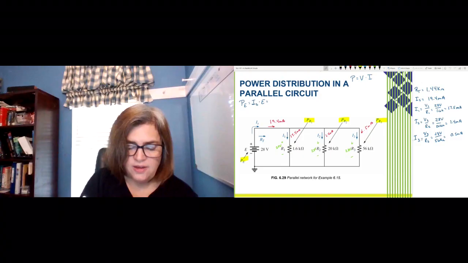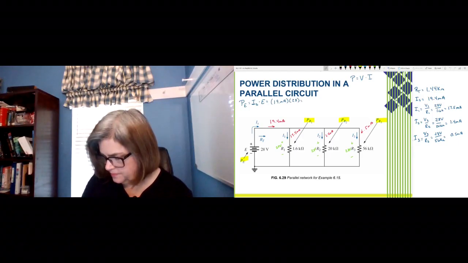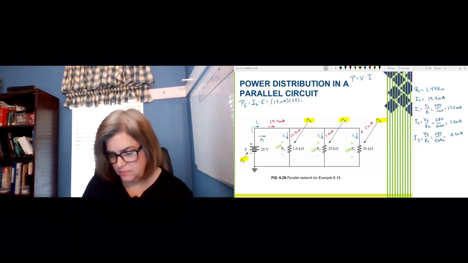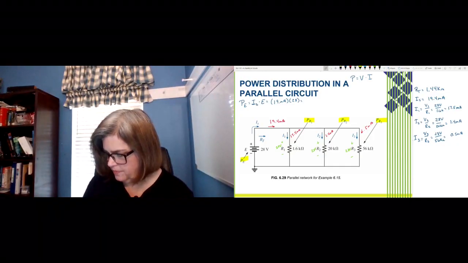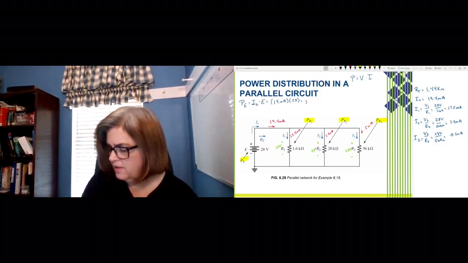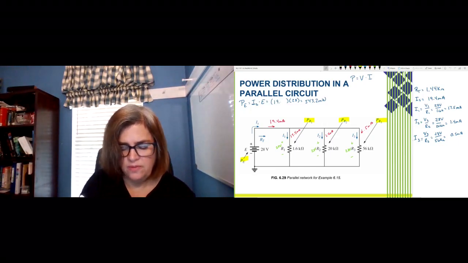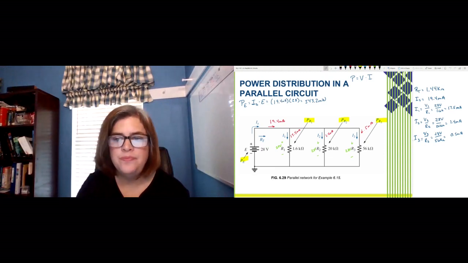So if we're supplying 19 milliamps of current using a 28 volt source, we have about 543.2 milliwatts. Okay, I think that was supposed to be 0.4 here, in case you're following along.